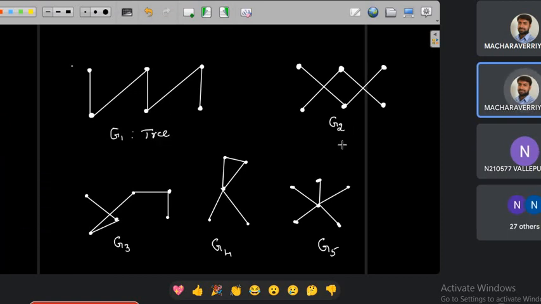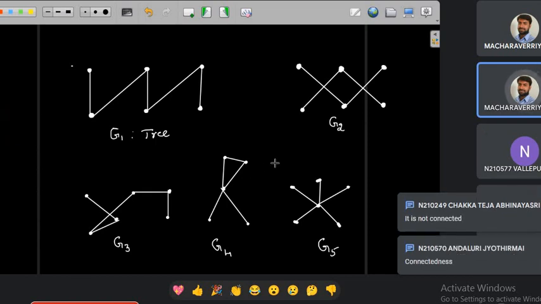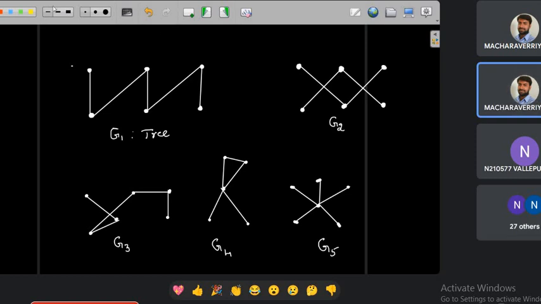So how about G2? Is it a tree? No. Why? Which property failed to satisfy? It is not connected. Yes. So you can see that the graph is not connected. Suppose if I draw it separately, suppose if I take this vertex down, let's say here, then the graph looks like this.